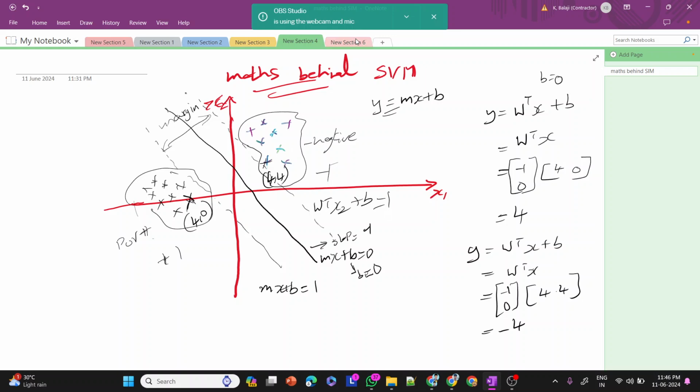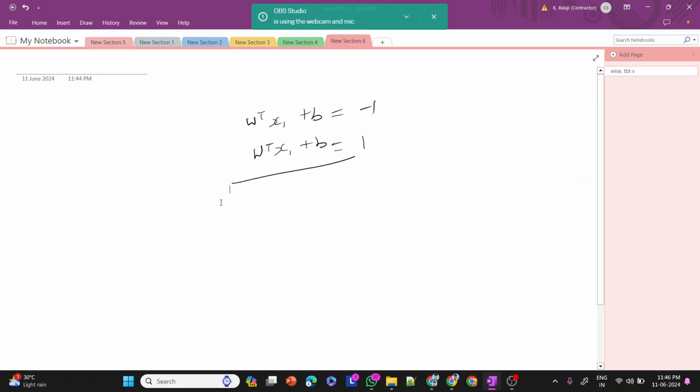After substituting these 2 lines, we will get the answer as w transpose into x1 minus x2 equal to 2.